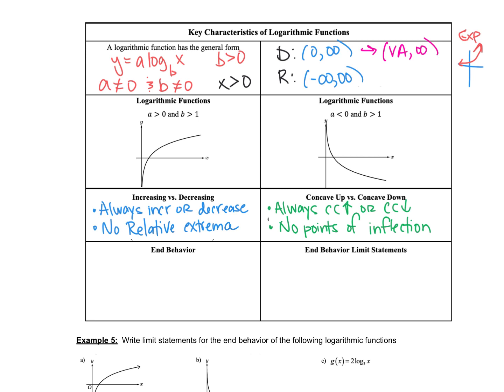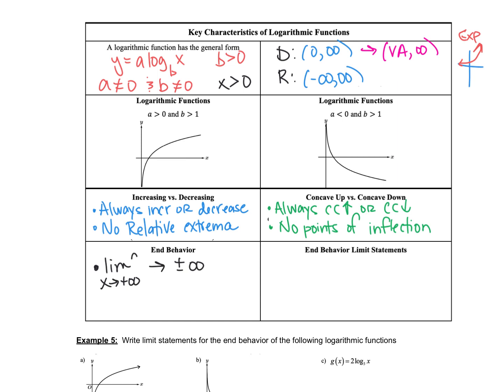So the thing to remember about your end behavior, it's no big deal if we're going, all right, the limit as x approaches positive infinity of f of x. We're going to definitely do that one. It'll always be positive or negative infinity, okay? So that will always be true.